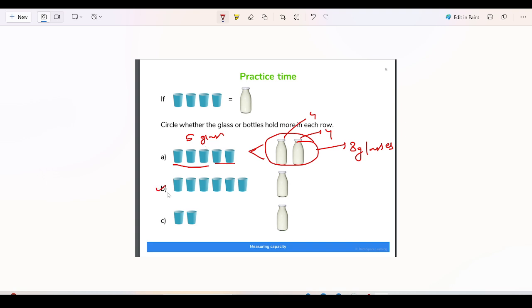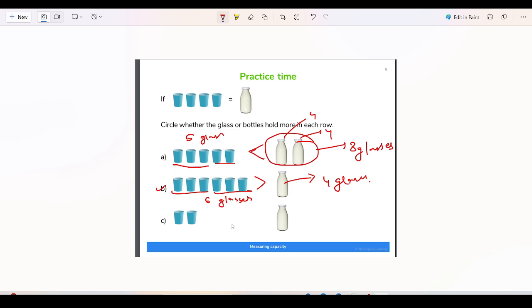Now tell me for B. B is greater than the one next to it. Why? Because that one has, wait, how much is it? It has 6. And the other one has 4 cups. 6 is greater than 4, so 6 would be greater.